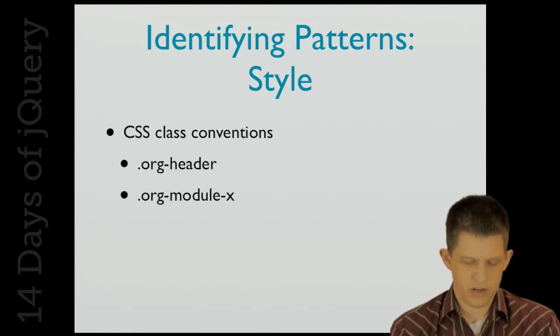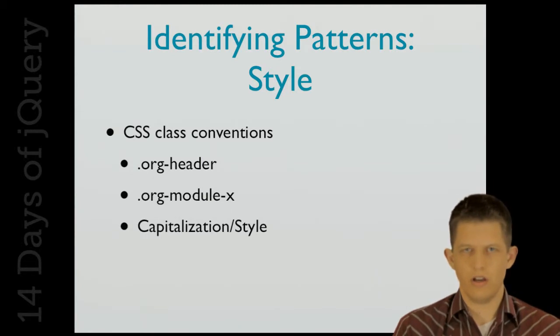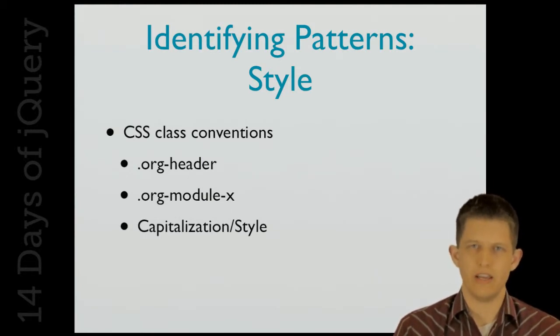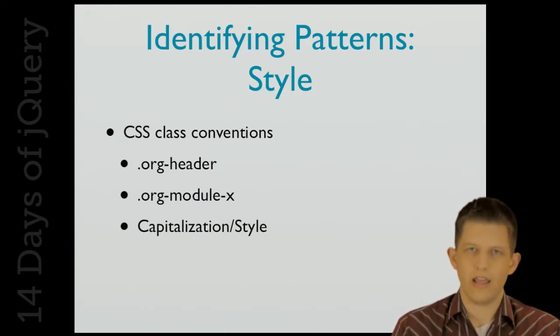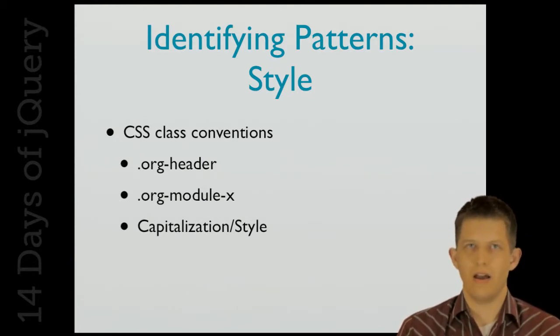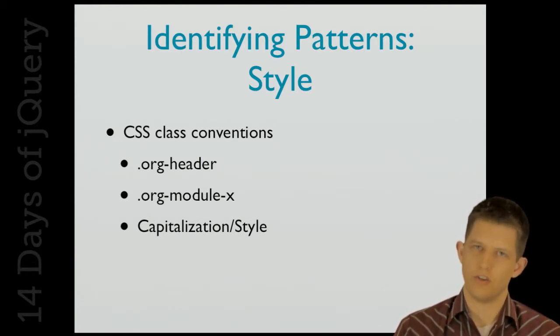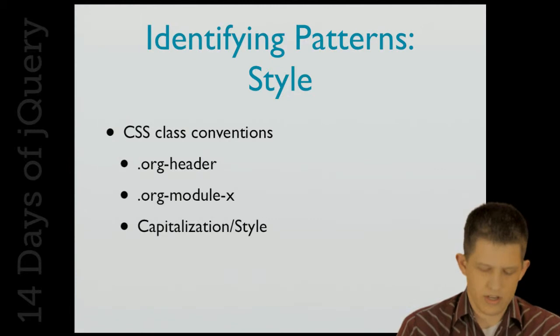So in this example here, you'll notice we have an org.header. It's a common practice to use a TLA, or a three-letter acronym, to prefix your CSS classes. And that first bullet point there, org.header, is going to be a global element. It's going to be uniform across all of the pages. And we'll get to that in a little bit in terms of scoping. And then finally, there's an org.module.